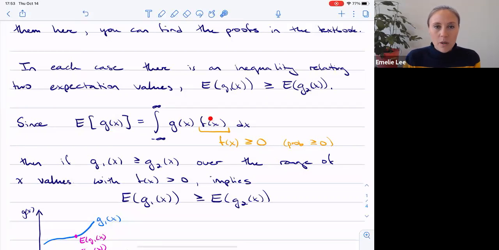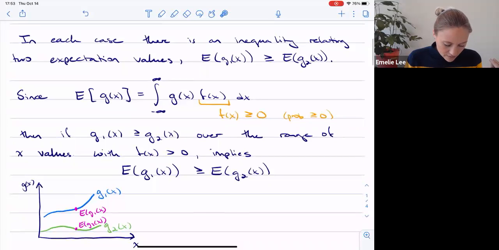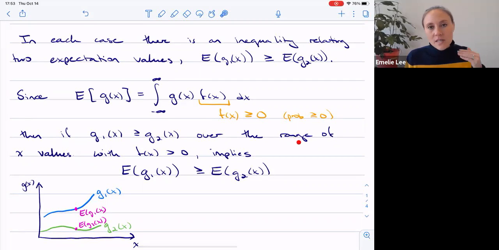So it's a probability, and so it has to be greater than 0, right? Technically between 0 and 1. And so F of X is always positive. And so if G1 of X is greater than or equal to G2 of X over the range of X values, and here the context tells me that this range isn't referring to the range of the Y values anymore.